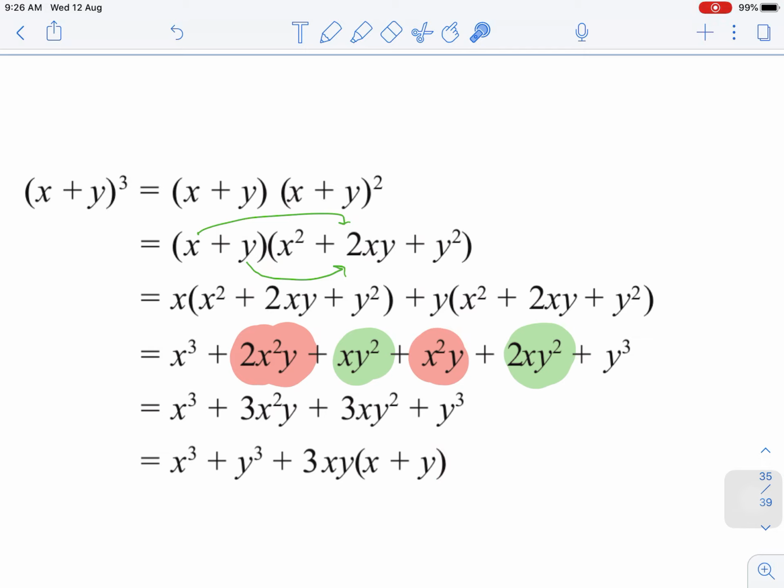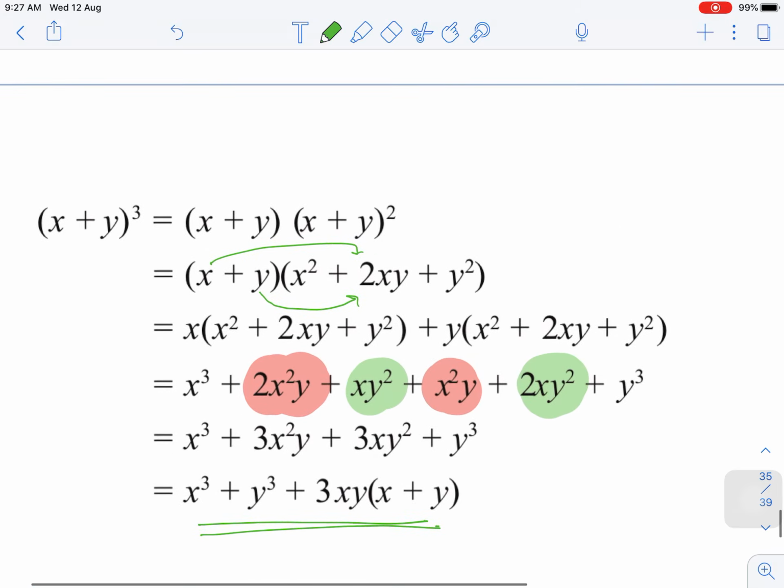So our final formula is x cube plus y cube plus 3xy, in bracket (x plus y). Now just like this one, for (x plus y) bracket cube, you can derive the formula for (x minus y) bracket cube.